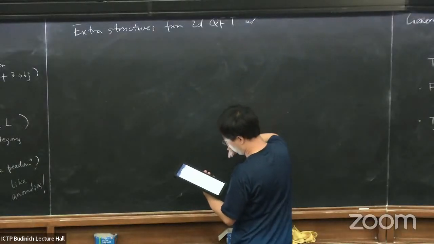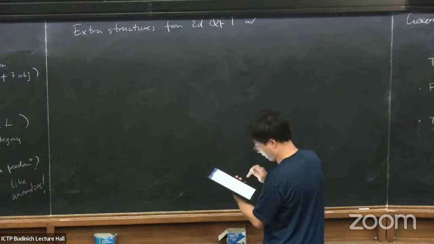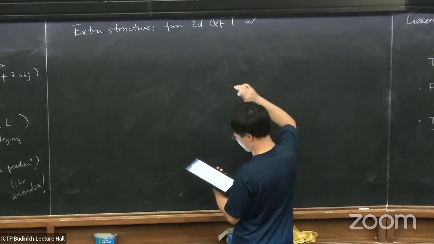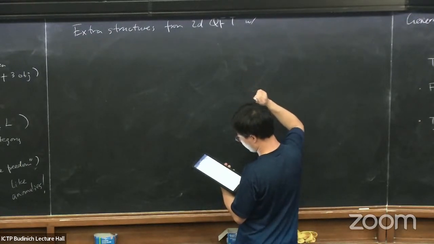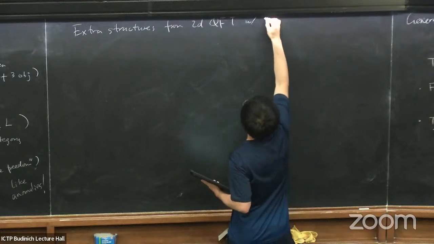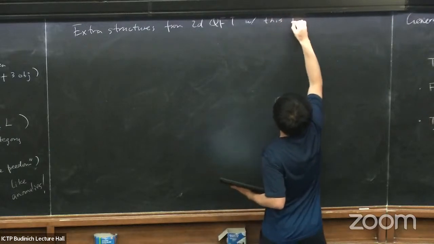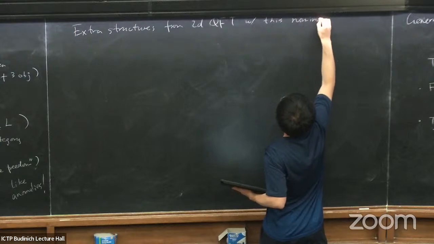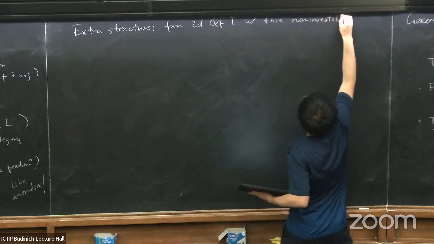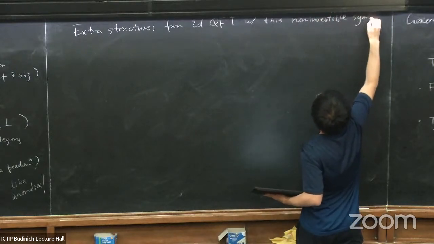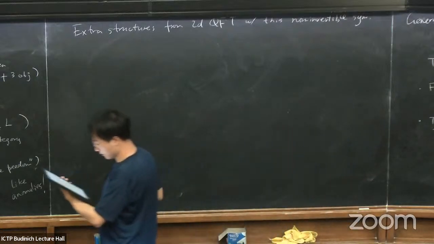So there are some extra structures that come from studying the symmetry in 2-dimensional QFT with this non-invertible symmetry. Let me explain.